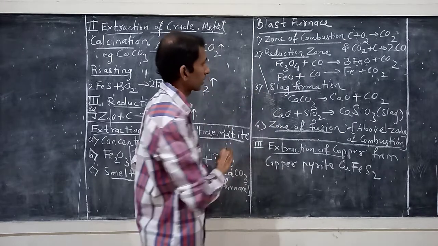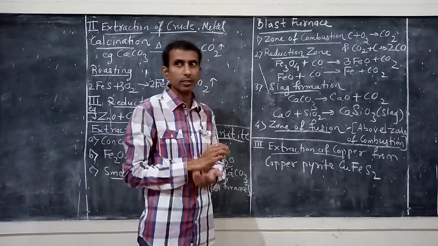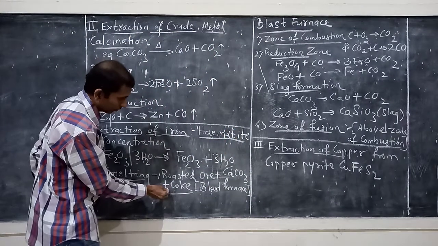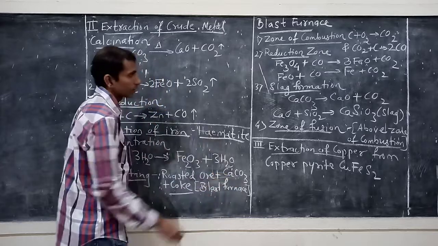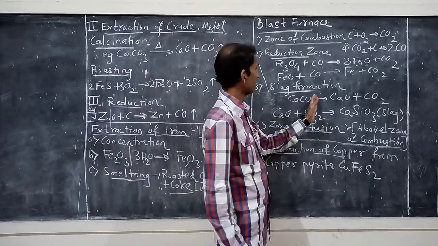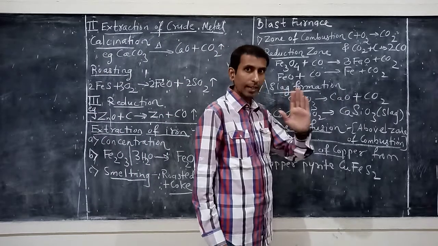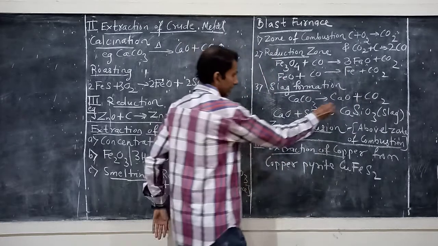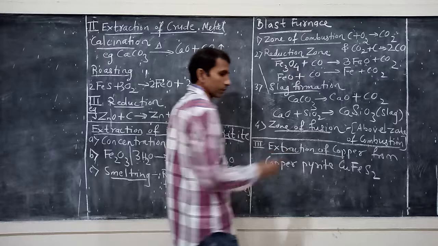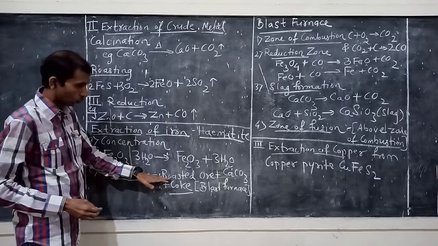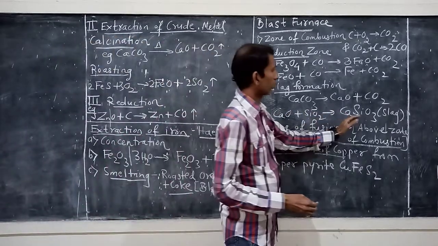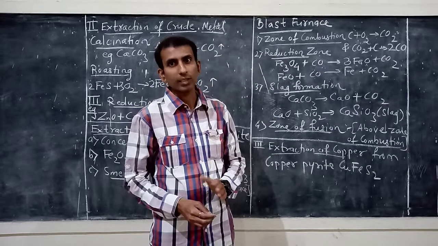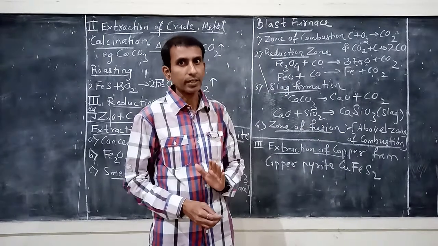The third zone is slag formation. Now what is slag? We'll understand here. Can you see, in this mixture we are also adding limestone, calcium carbonate. Calcium carbonate will first decompose because of the high temperature into calcium oxide and carbon dioxide. And calcium oxide will react with the silica, which is the impurity still present in this ore, and form CaSiO3, which is a slag, or impurity.